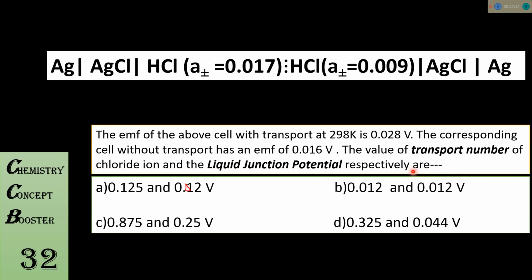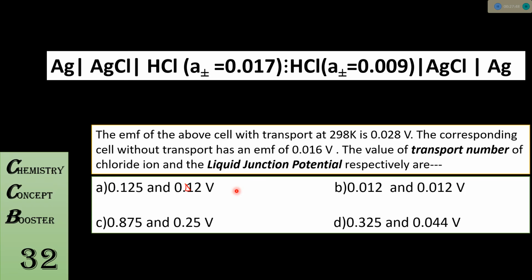Sorry for that mistake, because 0.012 volt is there, but the transport number of that anion is 0.125, not 0.12 something. So this option is not correct. In these options we mistakenly put the value 0.12 volt. The correct value should be 0.012 volt. Then this option will be correct. This is for the chloride anion transport number, and this is for the liquid junction potential 0.012 volt. Sorry for that small mistake.